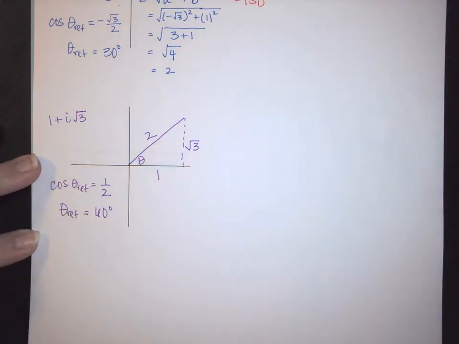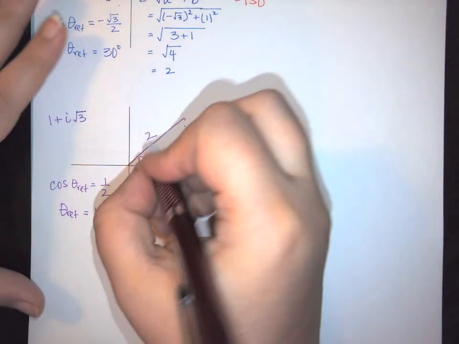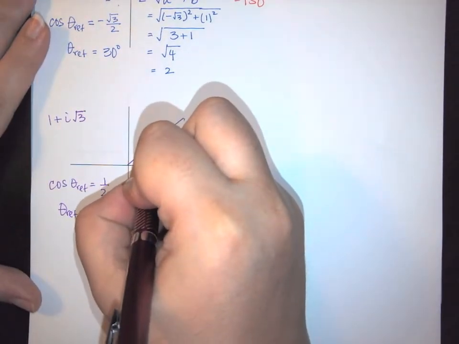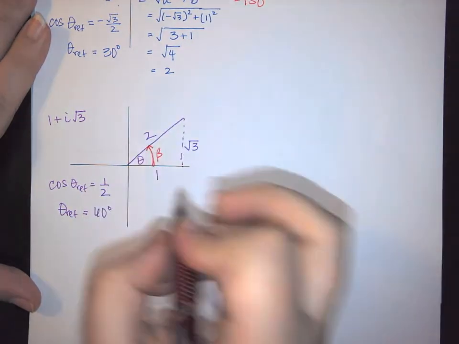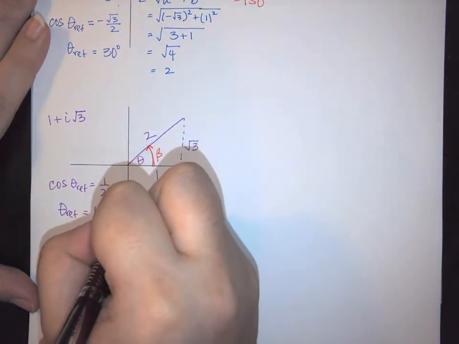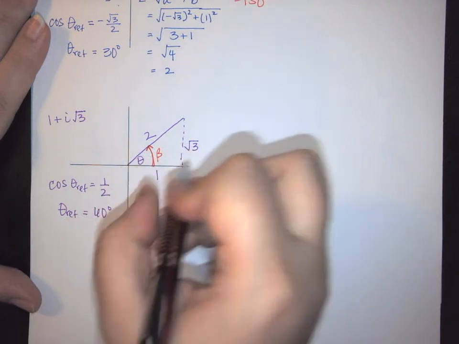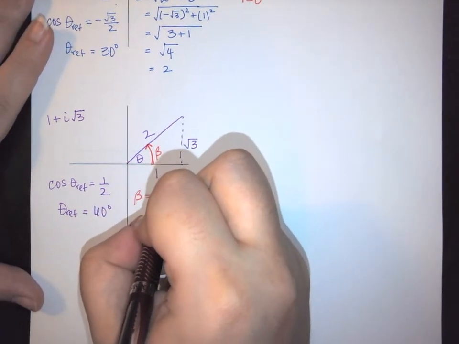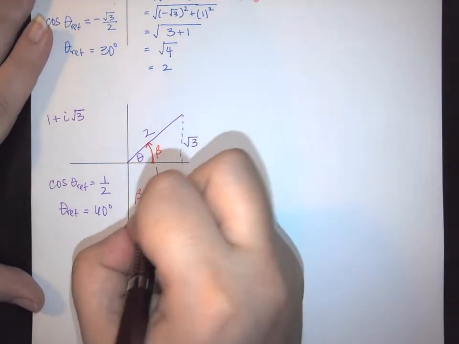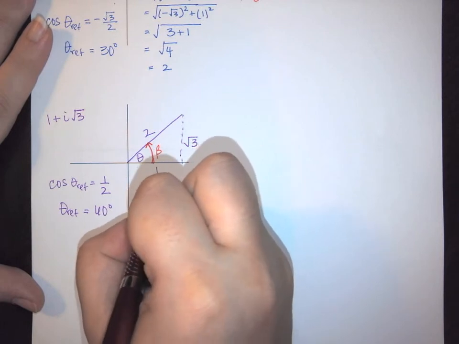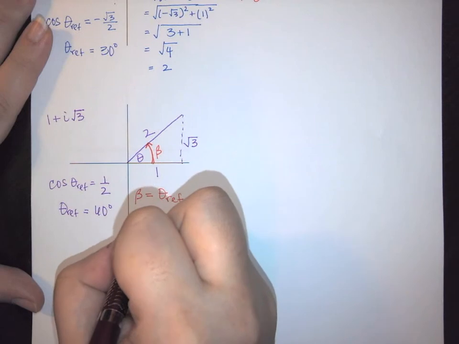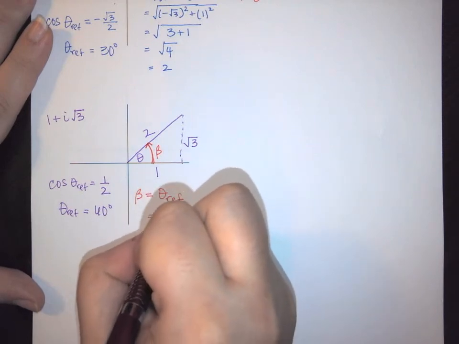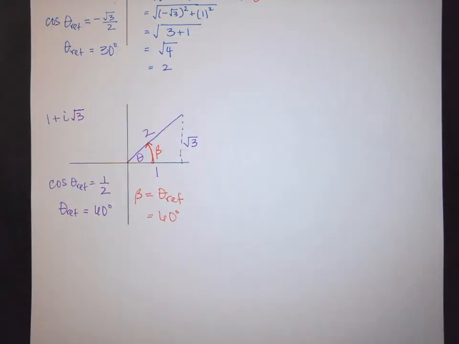Now the rule that we use, so again, this is the angle that we are also looking for, so we can call that beta. And here, if you remember, the rule says that in the first quadrant, this is going to equal your reference angle. So this means that my angle is 60 degrees.